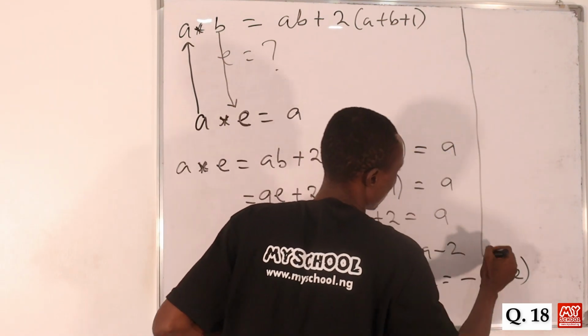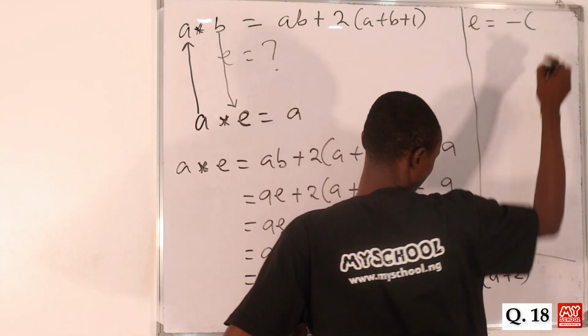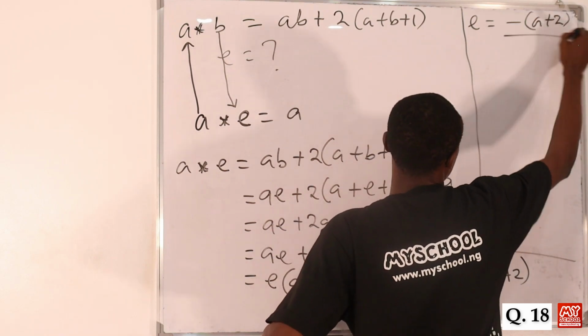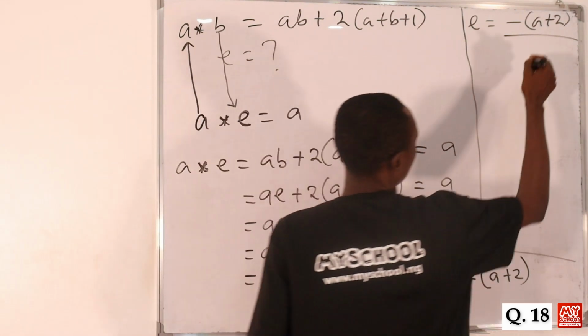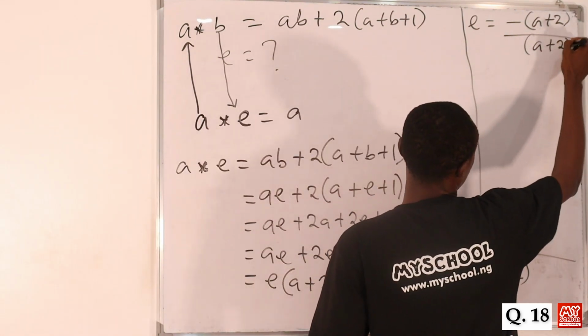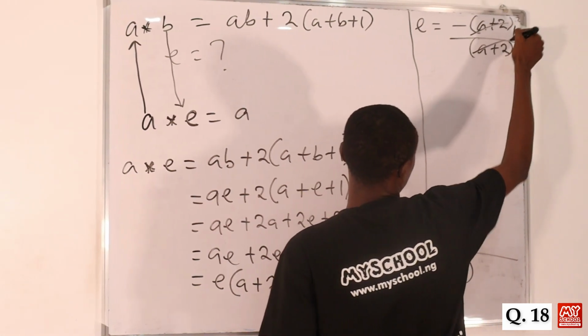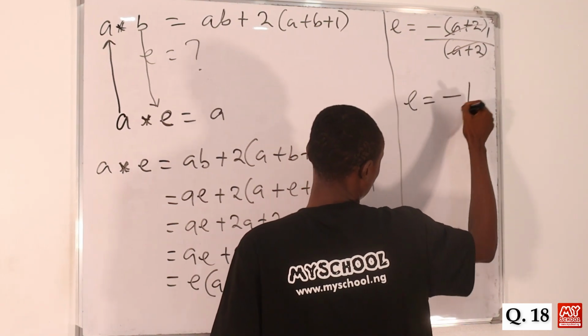So let's continue from this part. e will now equal minus, which is this minus here, then in bracket a plus 2, divided by the coefficient of e, which is a plus 2, all over a plus 2. So a plus 2 cancels out a plus 2, and we have 1. So our e, the identity element, is equal to minus 1.